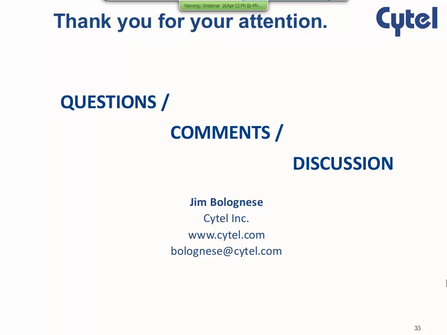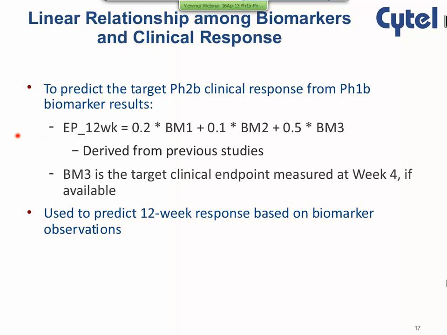We have this prior linear model, so we get the posterior predicted means for each dose from the phase 1B information, and we use the assumed true linear model to get a predicted response before we run the phase 2B trial, and we use that to pick the doses for phase 2B.